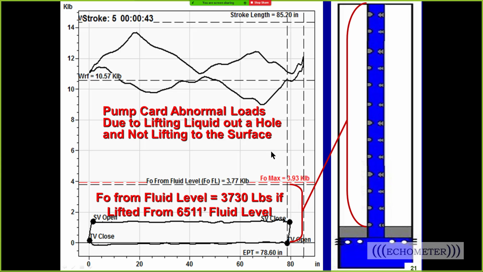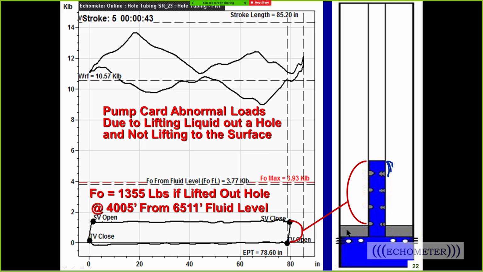So what's actually happening in this well is that the pump is lifting the fluid up the tubing from the pump intake pressure based on the liquid in the annulus up to the split joint at 4,050 feet. And that's why the pump card is not very tall. The lift is equivalent to this height, and this distance right here is equivalent to this distance right here.